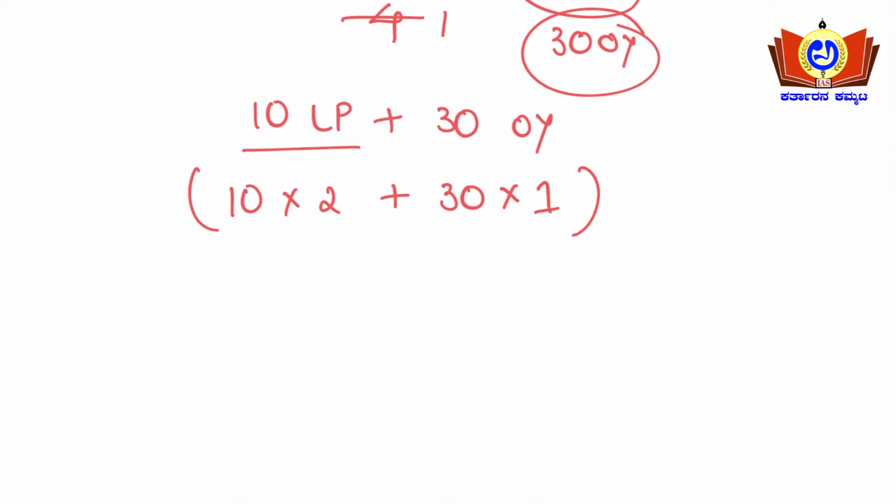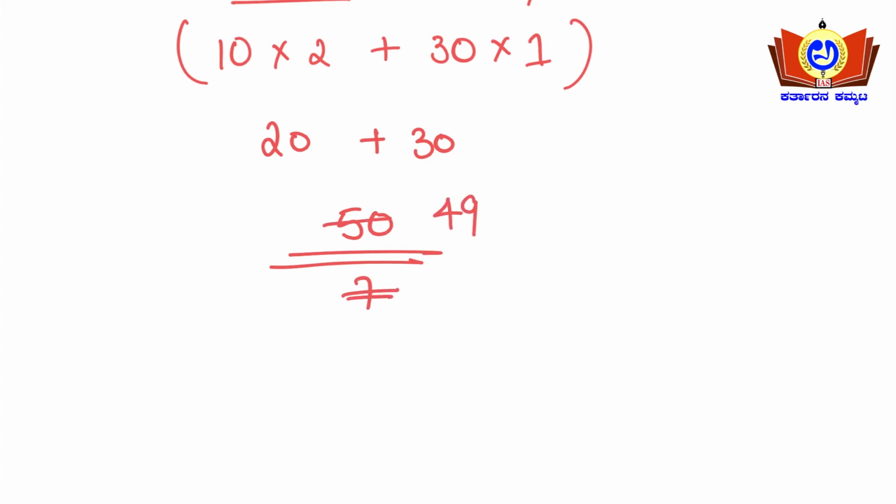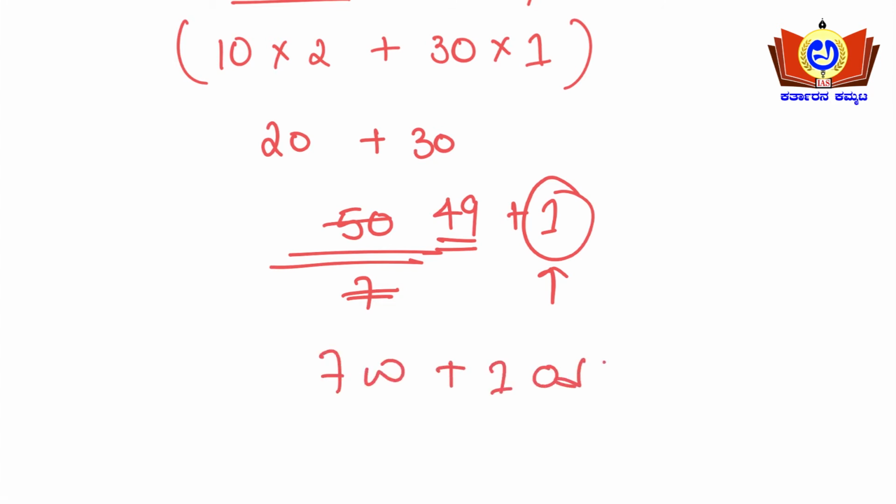So 10 into 2 is 20, plus 30 into 1 is 30. So 30 plus 20 is 50. So 50 odd days we got. Divided by 7, sevens are 49, so 49 plus 1, so 1 odd day. Yes or no? 7 sevens are 49. So that is 7 weeks plus 1 odd day.